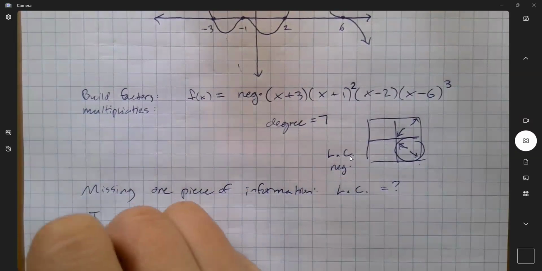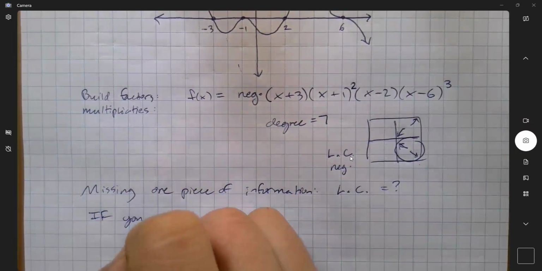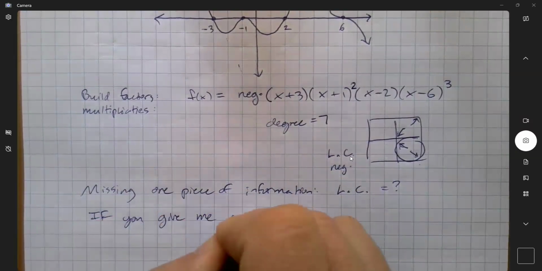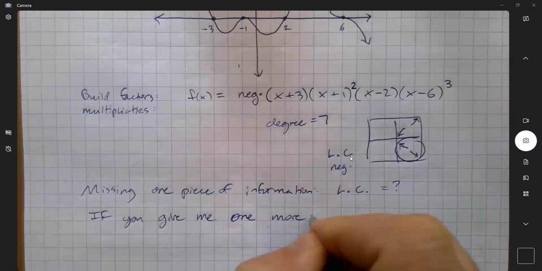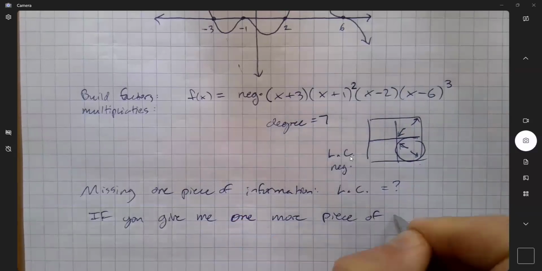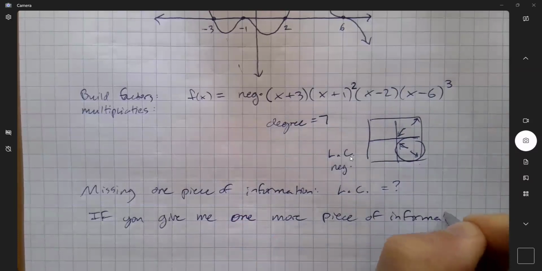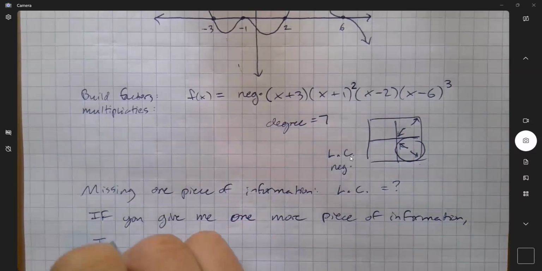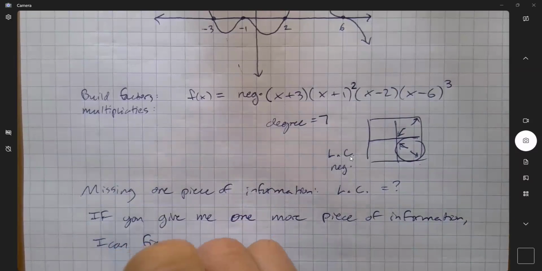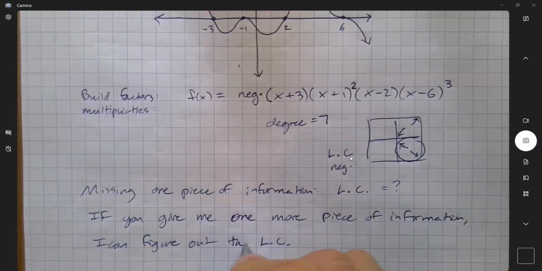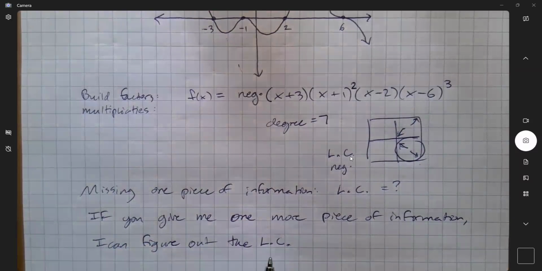So if you give me one more piece of information, I can figure out the leading coefficient. Think back to all the other times when you had a formula with one missing piece of information, you would just get one additional piece and we can figure it out.